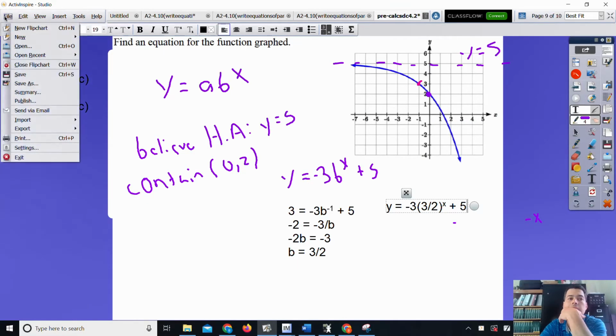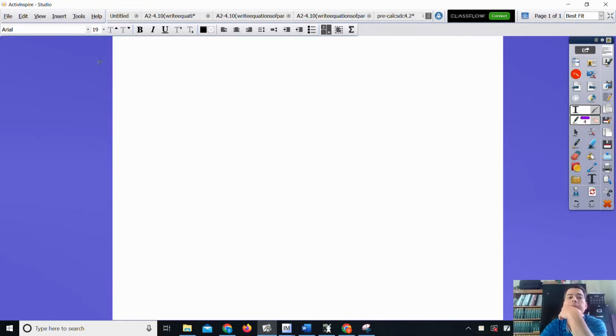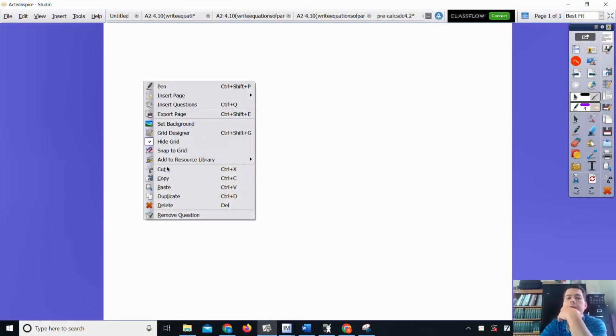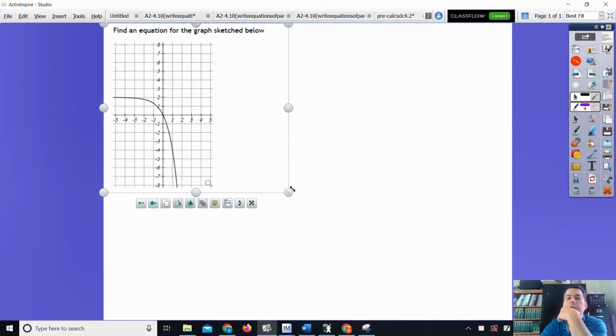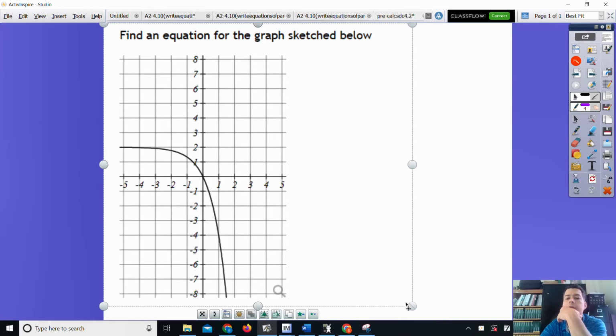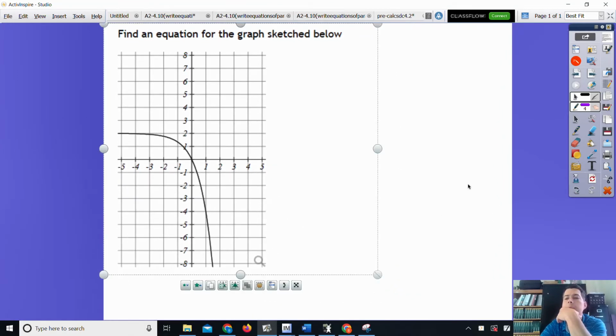So that wasn't less than one. It was actually growth, in a sense. It was growth that had been reflected. That's what gets me. Well, transformations are kind of rough to deal with, which is why the 2-point technique is probably better to worry about.